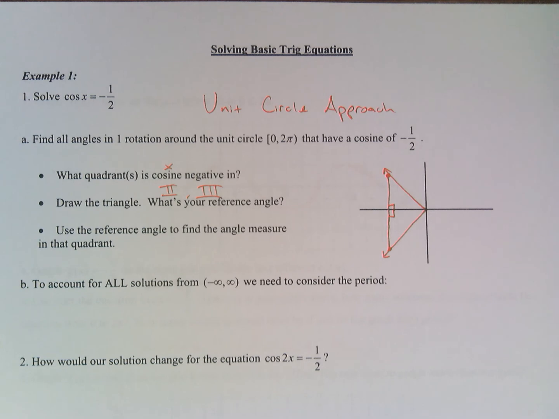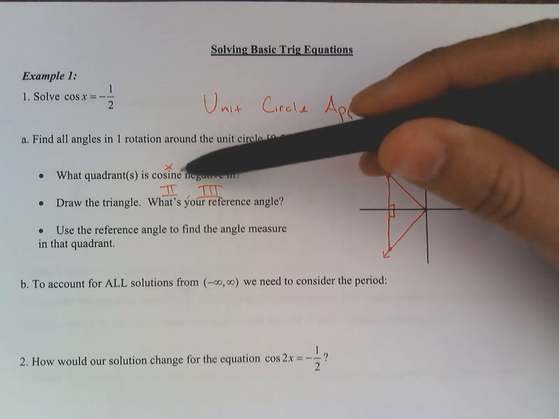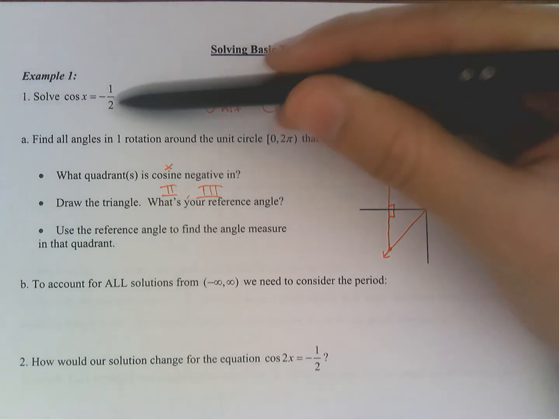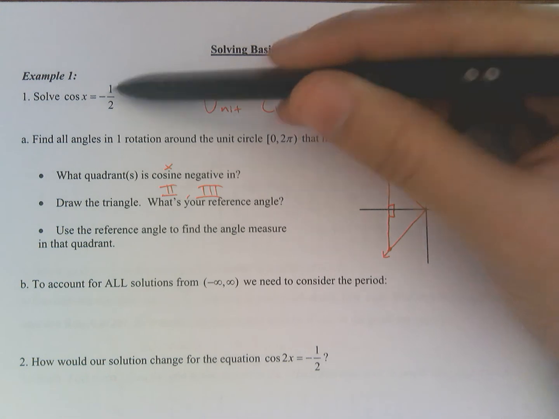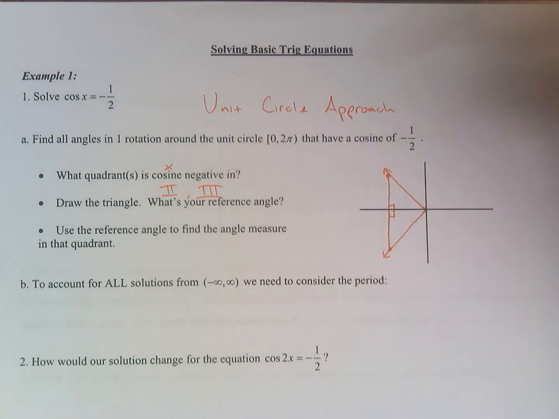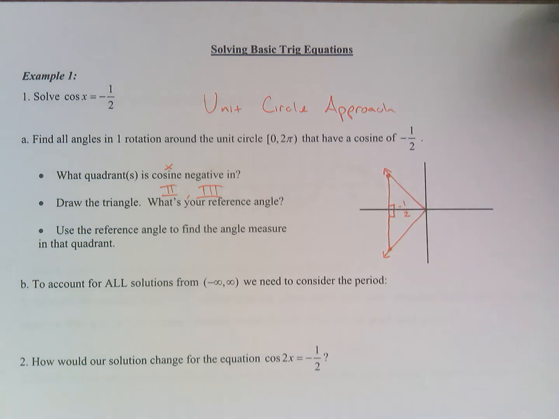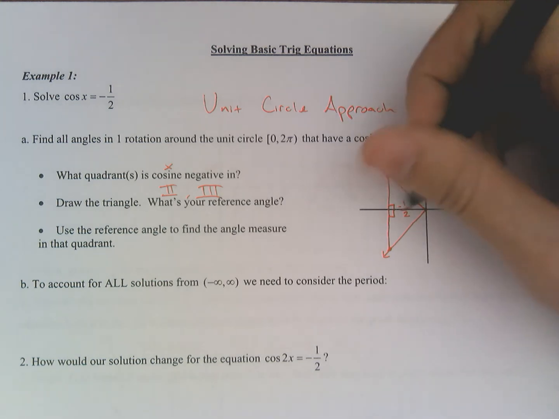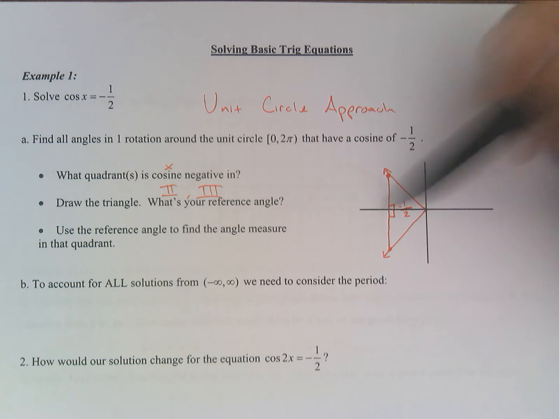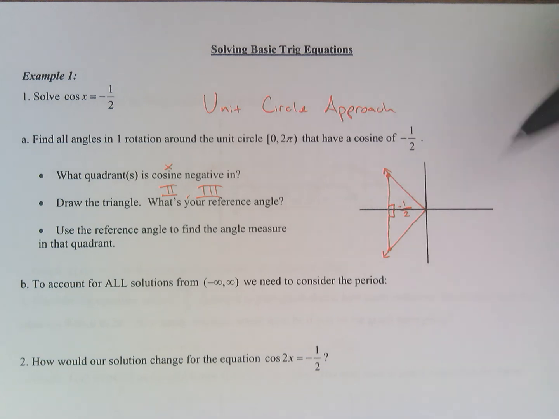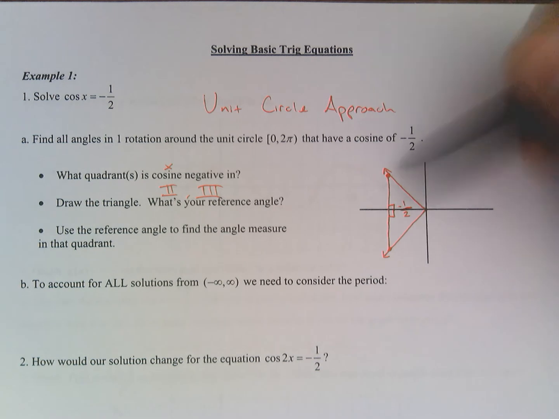All right, so we know that our cosine, or x value, is equal to negative 1/2. So on our triangle, we can label the horizontal, or that x value, as negative 1/2. Well, we know about special right triangles. We dropped a perpendicular. One side is negative 1/2.